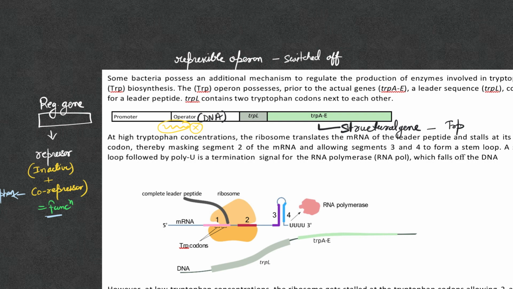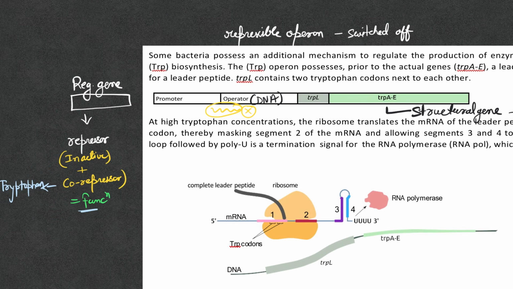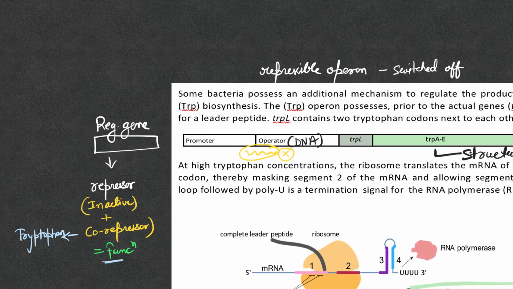Now, why did I go through this? So that you understand what kind of functionality happens within an operon. And another key fact, I said the regulatory gene makes the repressor after transcription and translation. So you must infer that in bacteria, many times the process of transcription and translation occurs simultaneously.